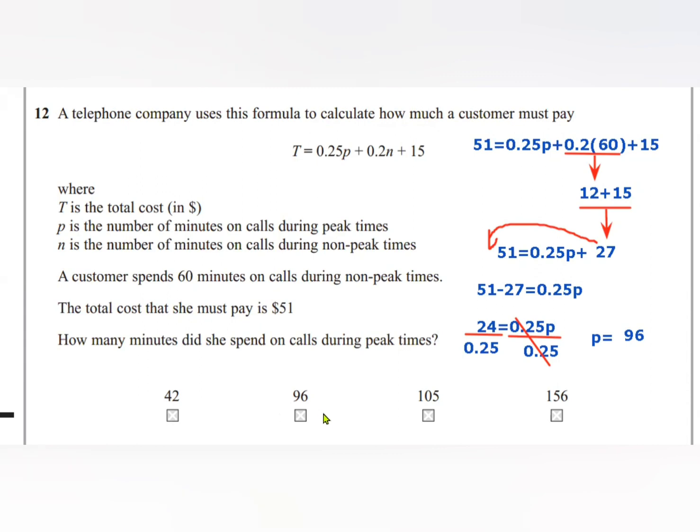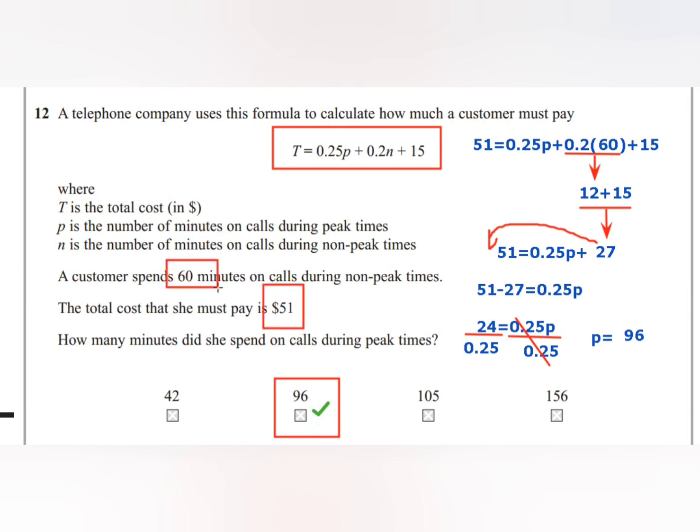Now, let's review the steps, one after another. So first thing we did, we understand that this is the formula that we're going to use. We took these numbers, the 51 is the total. The 60 is the non-peak time, which is the n. So I substituted 60 instead of n, 51 instead of t, and I got this equation.